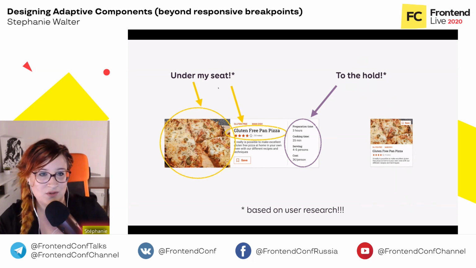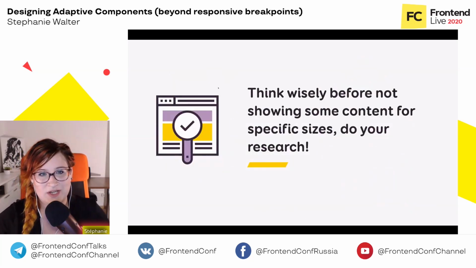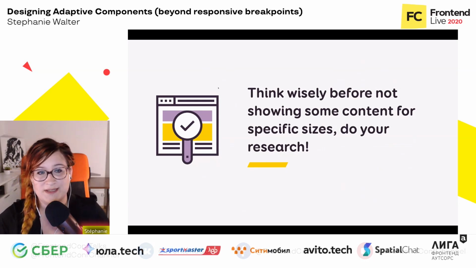What's going into the hold? Well, the metadata on the right. This is why we decided not to show them on the small version of the component. So again, I want to insist, think wisely before deciding not to show some content for a specific size. Do your user research. You can also use something called progressive disclosure.